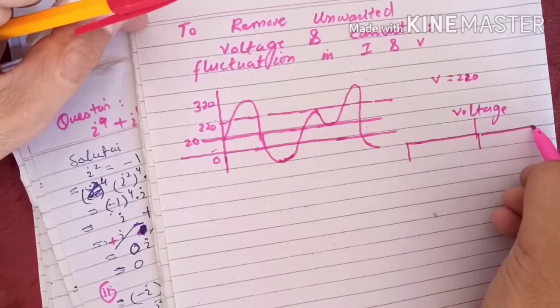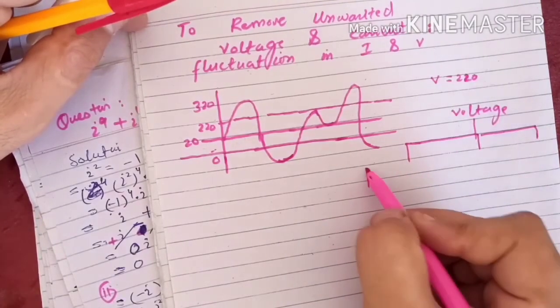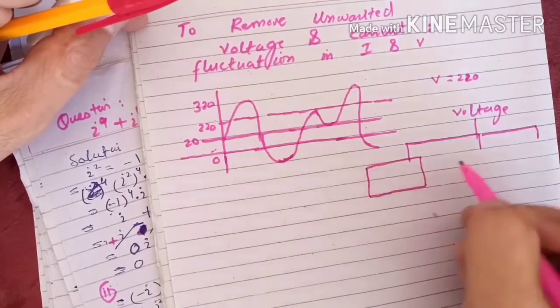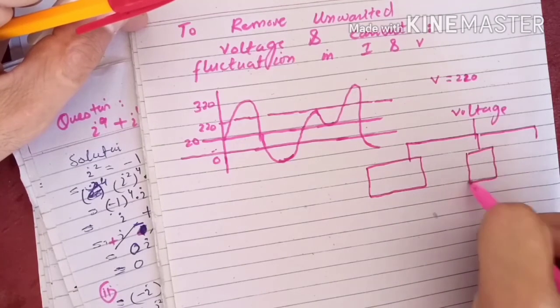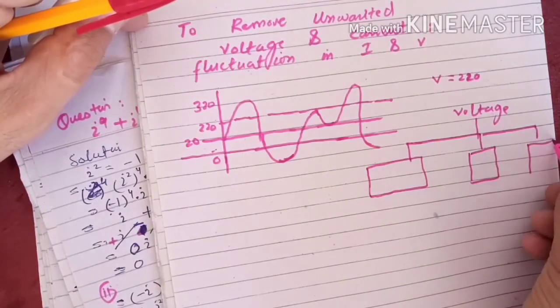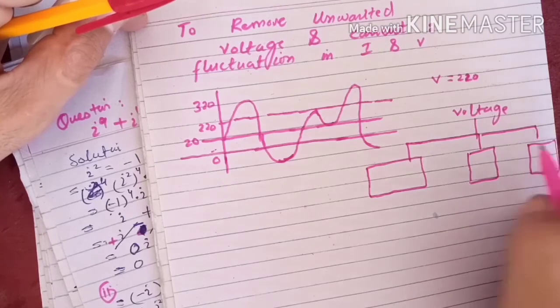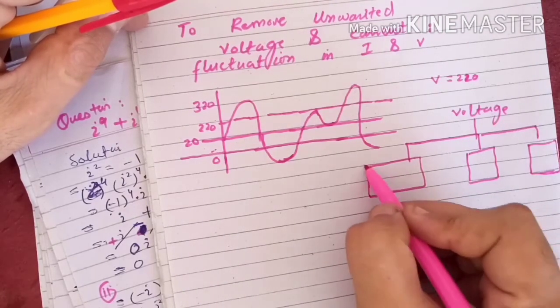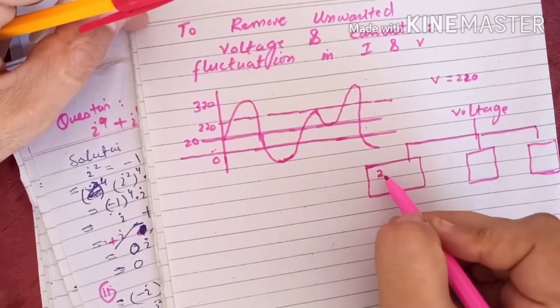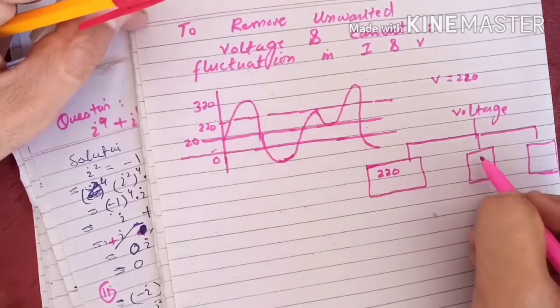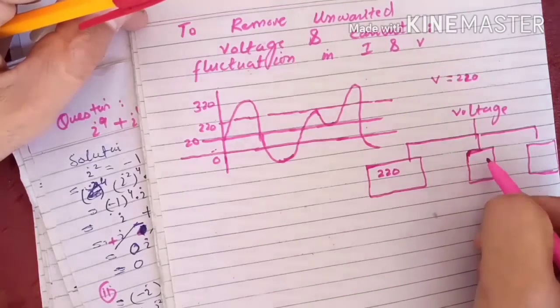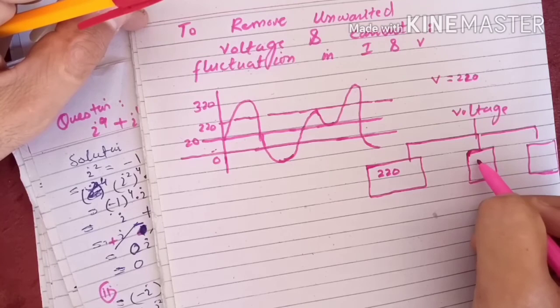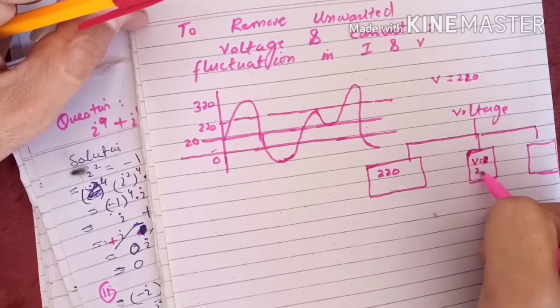You will draw the three-phase supplier, and we have already discussed that there are three possibilities here. One is a fixed 220 volt, and the others are greater than 220 volt and less than 220 volt.